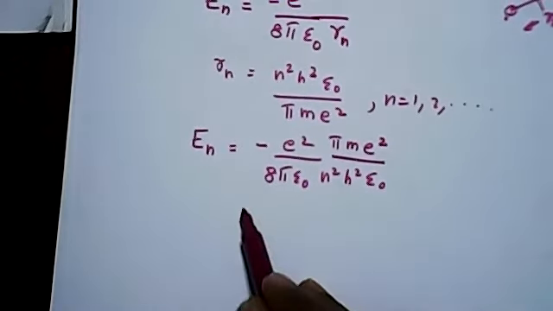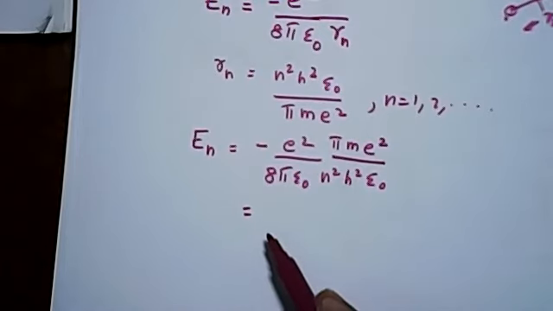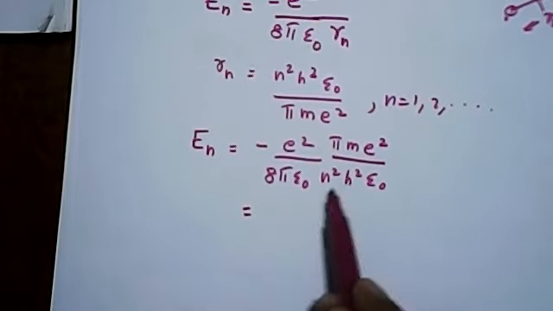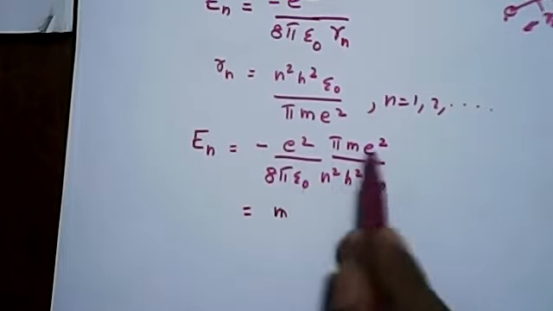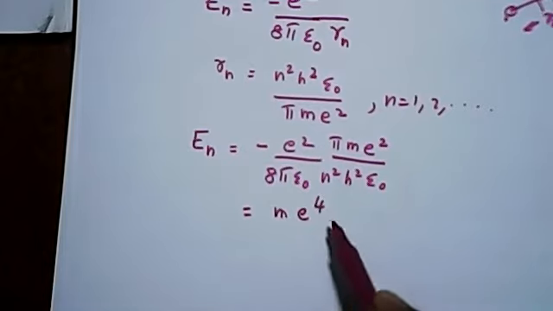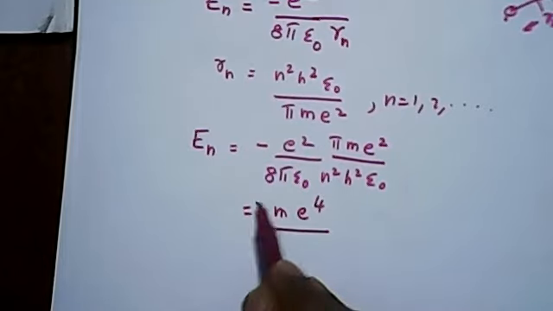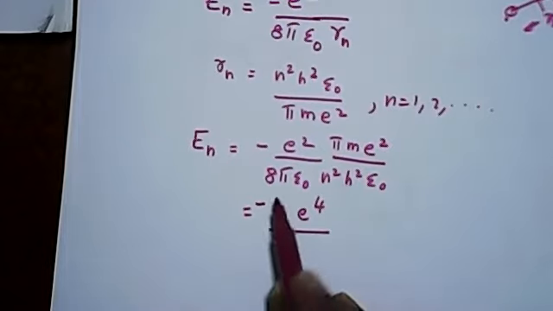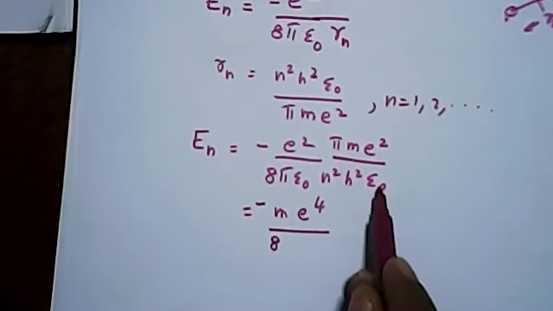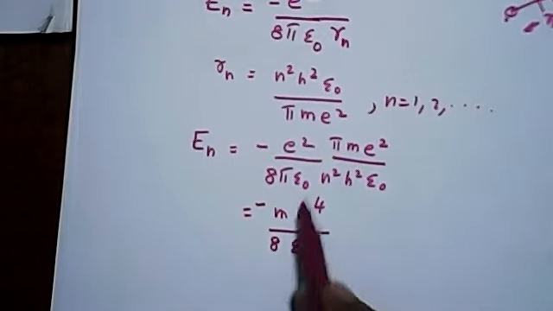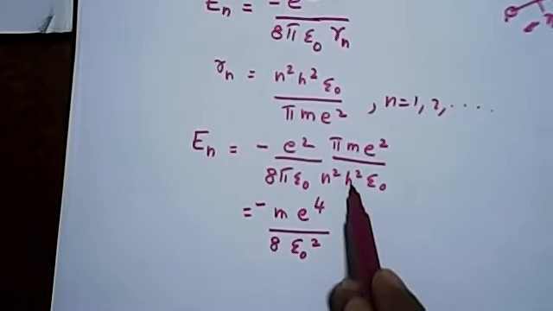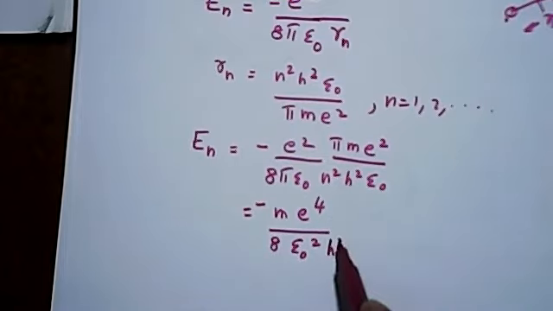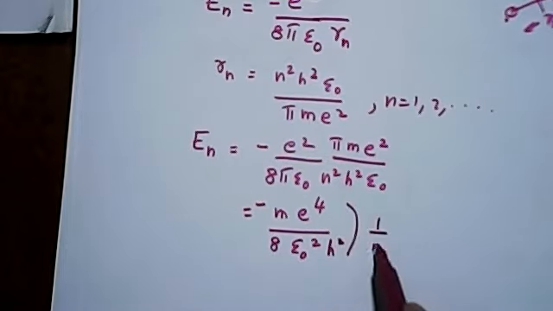Okay. Now you simplify this, you will get this pi cancels, m will come here, so m into e square, that is e to the power of 4, then divided by, there is a minus sign, then 8 is there, epsilon 0 square will come, then pi will cancel, so n square is here, then h square is here, so h square into 1 by n square.